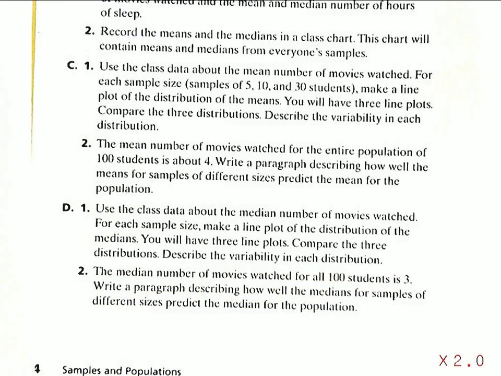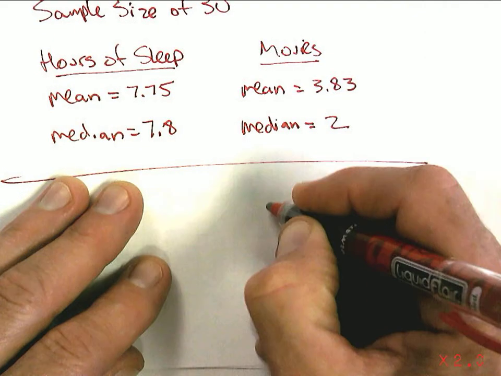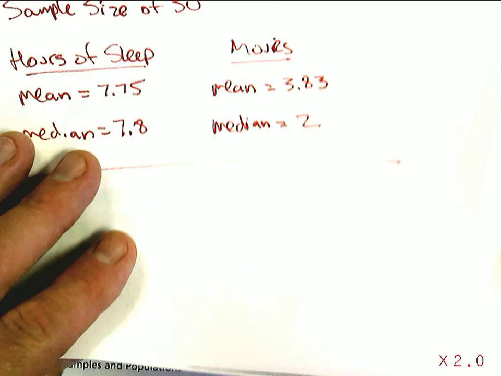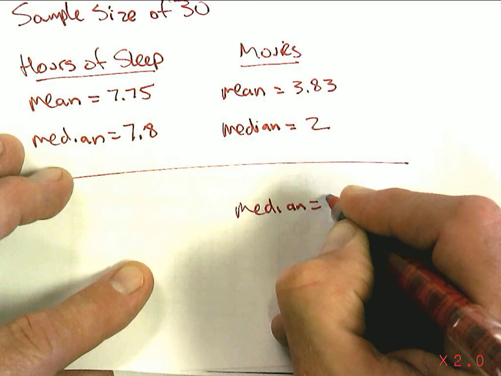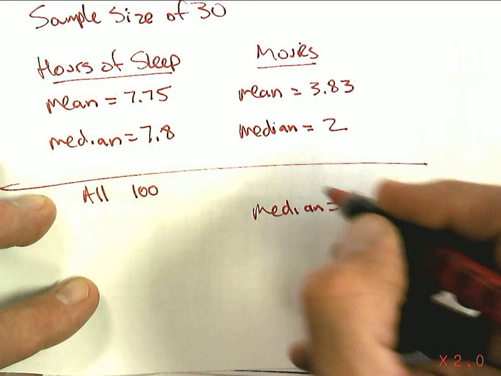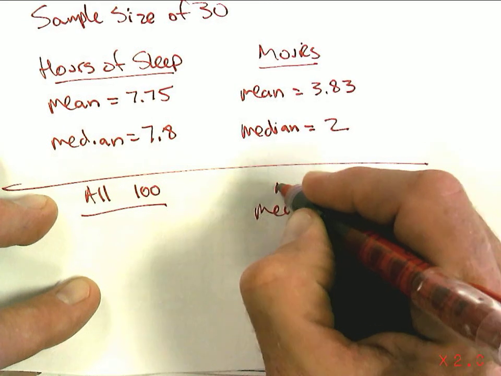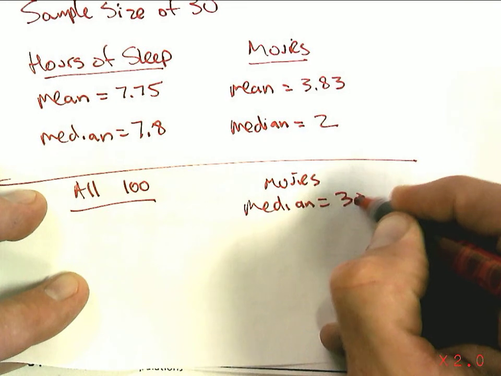So the actual median number for movies for all 100 is 3. Not 30, just 3.